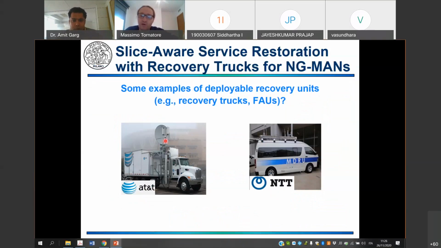For example, movable satellite interconnections or movable base stations, such that they can provide relief. They provide coverage to people in affected zones where basically the normal network is broken.